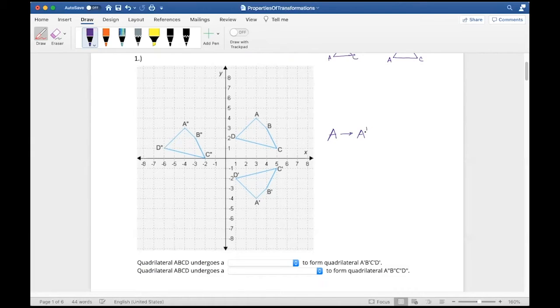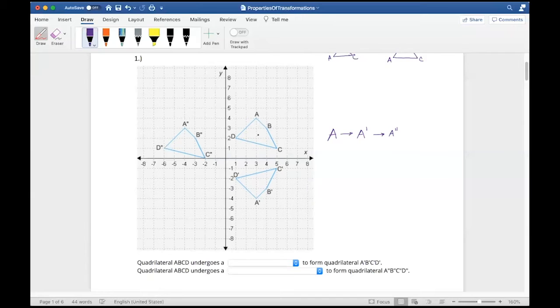That's what that little mark means up there. And then if it gets translated again, we call it A double prime. So that's what all those little markings mean. Like this is your original image. So our quadrilateral ABCD undergoes a what to form quadrilateral A prime, B prime, C prime, D prime.